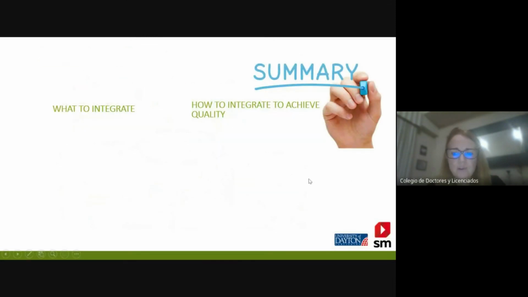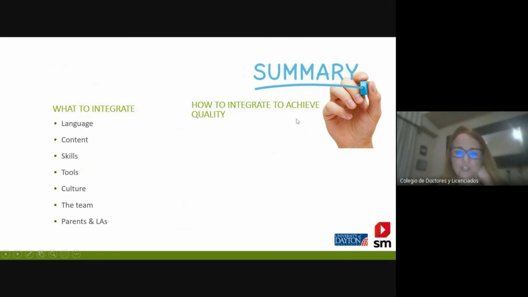So let's just summarize what we've looked at today. What do we want to integrate? We want to integrate language, content, skills, tools, culture, your team, your other teachers, and your parents and language assistants. How do we integrate to achieve quality? Well, we need to use scaffolding.